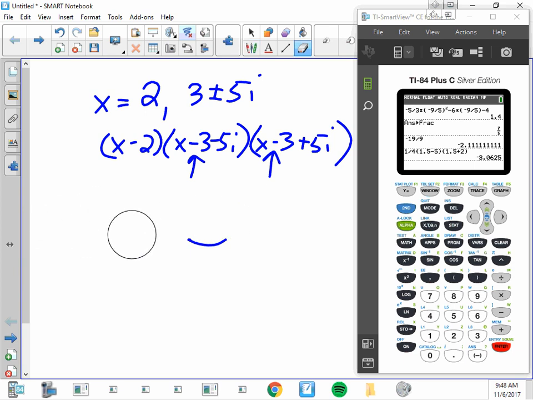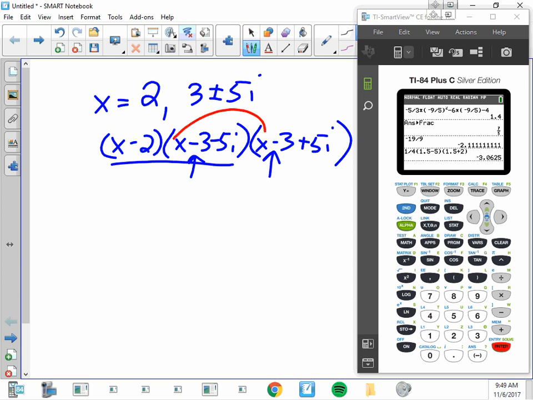All right. Now, should I multiply those together? No. Always multiply the conjugates together because it's going to simplify. It will work if you multiply in x minus 2, but you're going to get a long equation that has lots of i's in it, and then the next round of multiplication is going to be really confusing.